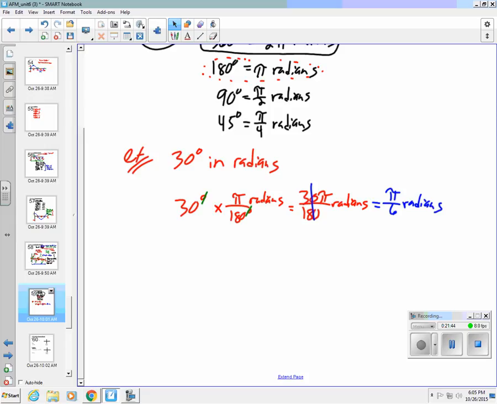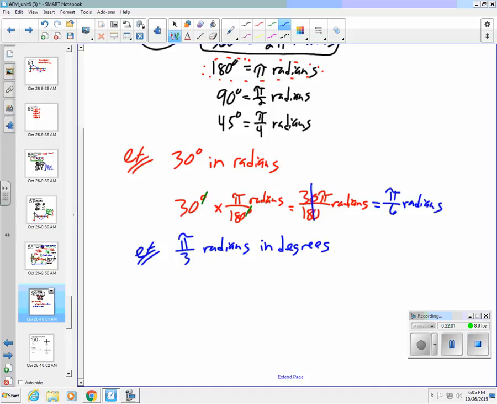And it's the same idea going the other way. If you want to take pi over 3 radians and put it into degrees, we're going to do the same thing.